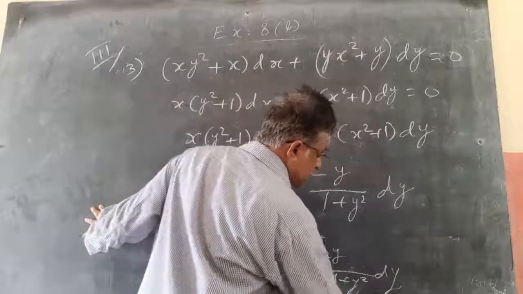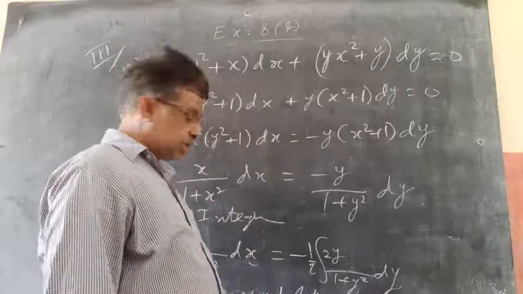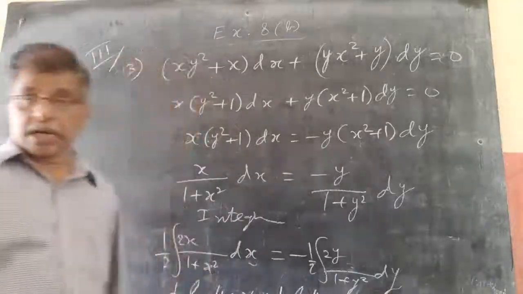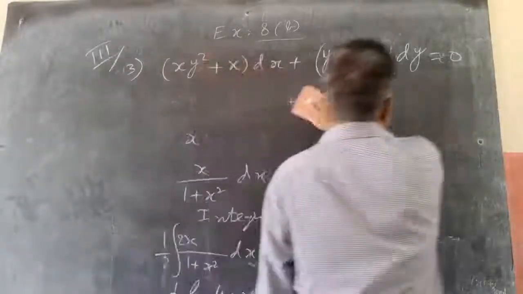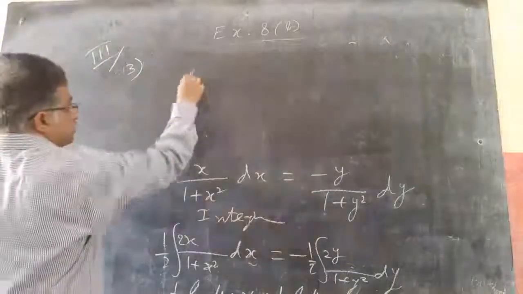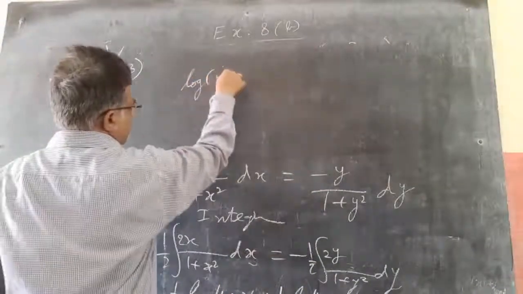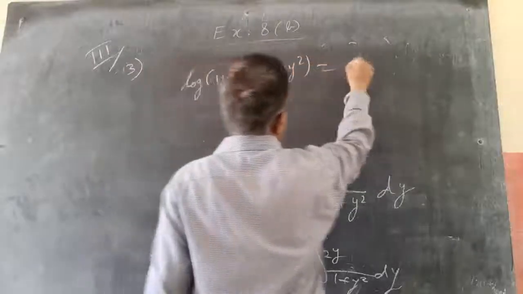I can write c as log c because this is a constant. Now I can take half common, so this becomes log a plus log b, which is log of a into b. Automatically it becomes log of 1 plus x square into 1 plus y square equal to 2 log c.